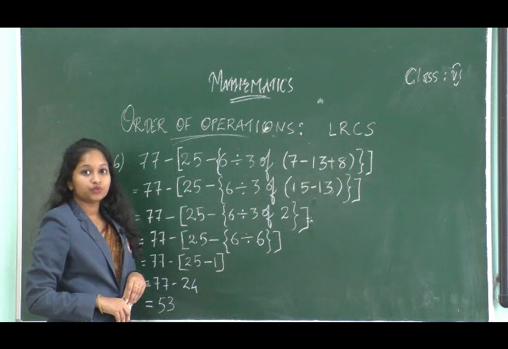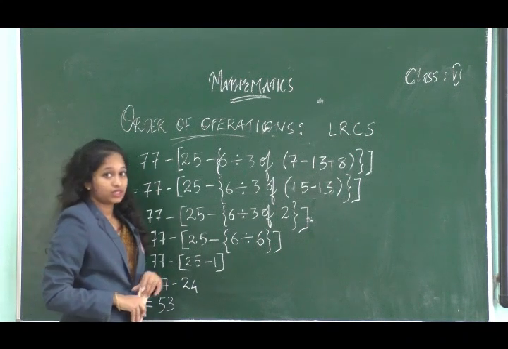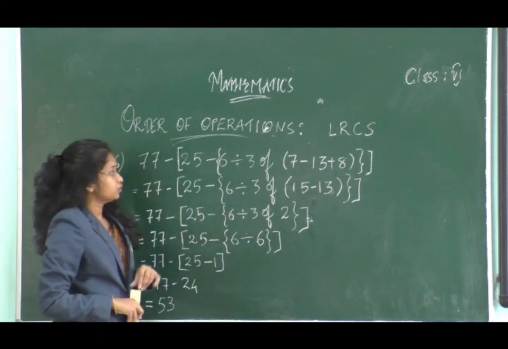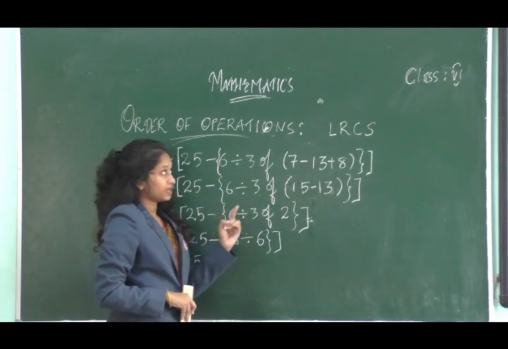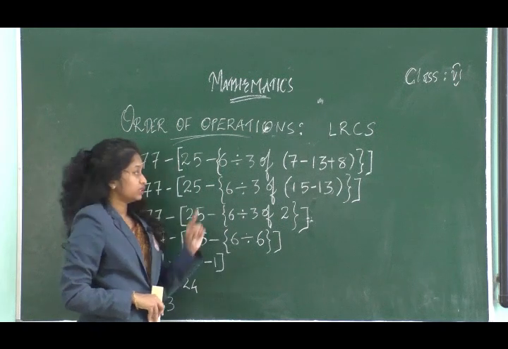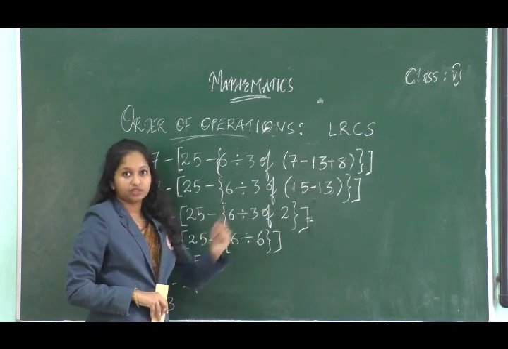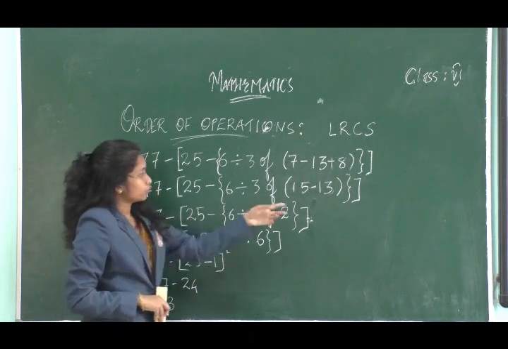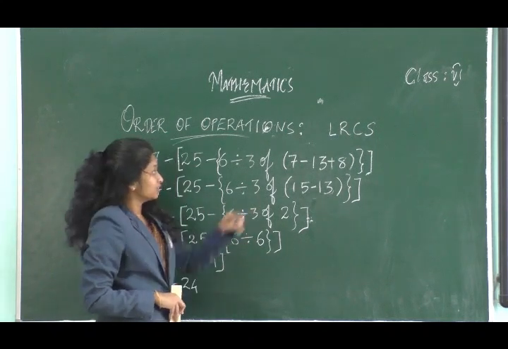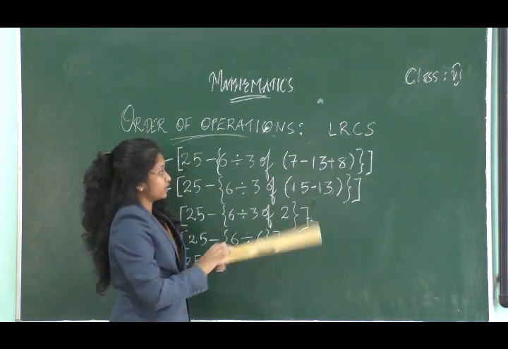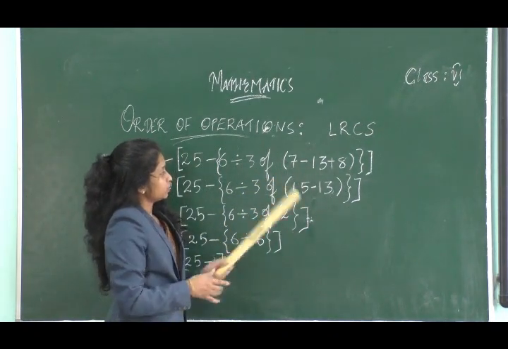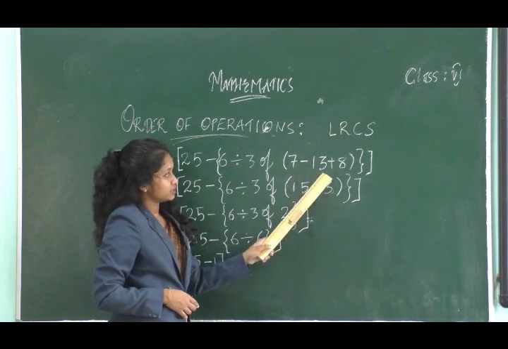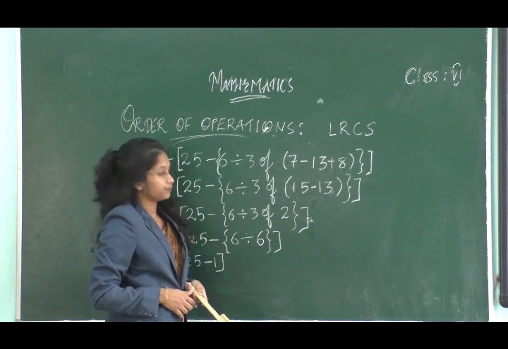So what do you have to start with? First, BODMAS, the first letter is B, so bracket, and in bracket we have to start with line. There is no line bracket here, so go with round bracket. Is there a round bracket here? Yes, here we have round bracket. So what is inside the round bracket? It is 7 minus 13 plus 8.